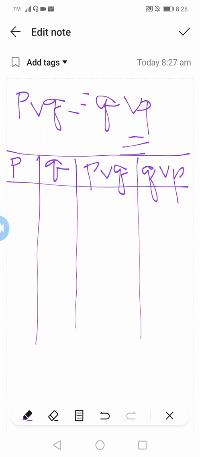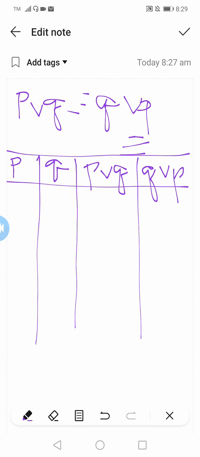They should have the same truth values ang ilalabas ng ating dalawang compound statements na yan para ma-prove natin that it is commutative. It has a commutative property itong si disjunction operation, okay? So we are still talking about the disjunction operation with respect to this commutative property.